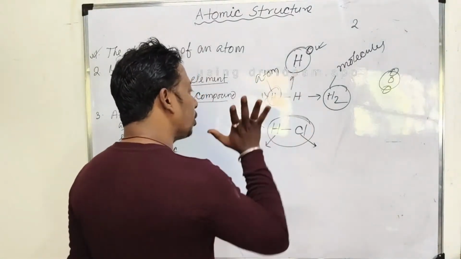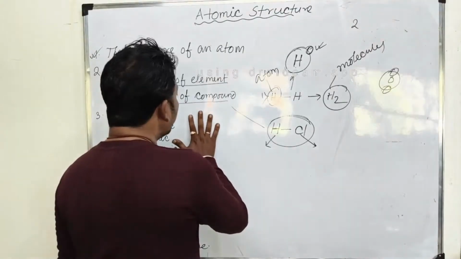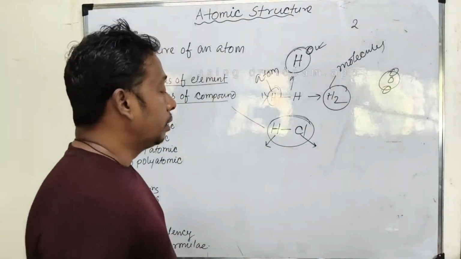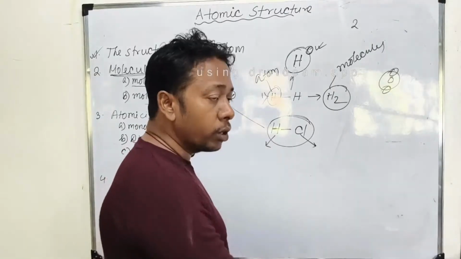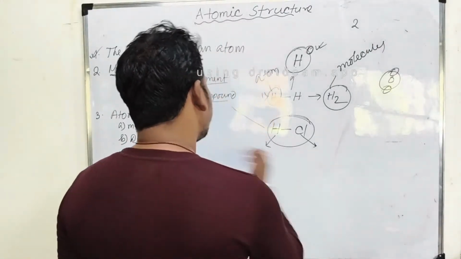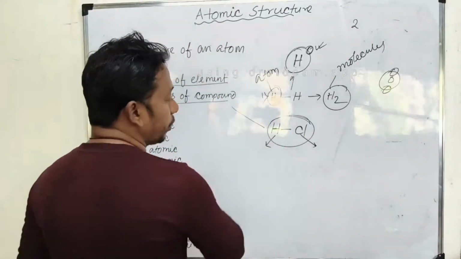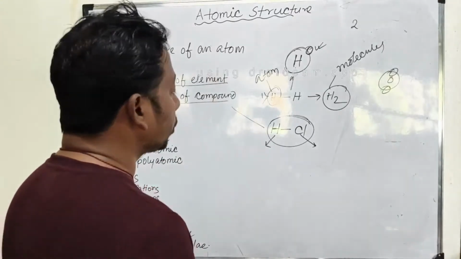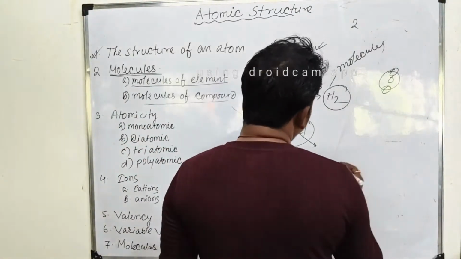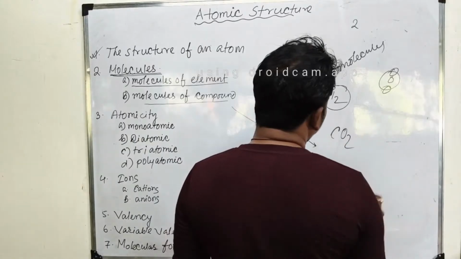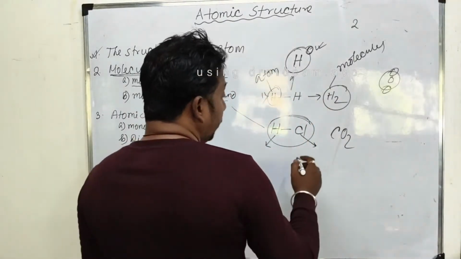Molecule of an element means the same kind of atom; a molecule of a compound means different kinds of atoms attached together. HCl is called a molecule of a compound. CO2 is also a molecule.